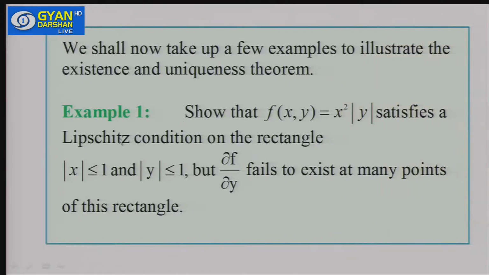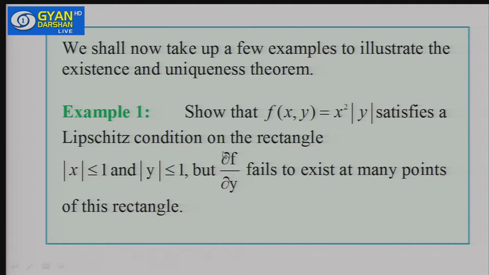And here is another example. If some function satisfies the Lipschitz condition, that doesn't imply it has to be differentiable with respect to y. That means the Lipschitz condition is lighter than del f del y being continuous. Here we have shown, if you take f of x, y equal to x squared mod y, obviously it will satisfy the Lipschitz condition, and since there is a modulus, obviously it will not be differentiable at the point 0. So del f del y fails to exist, but it satisfies the Lipschitz condition.